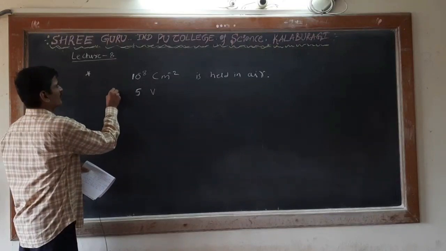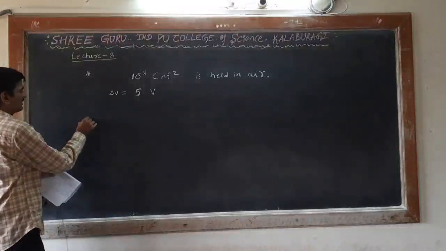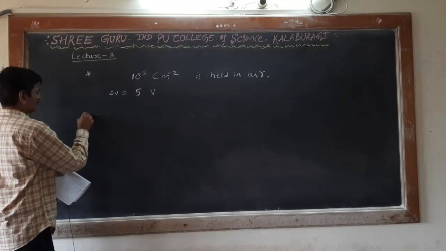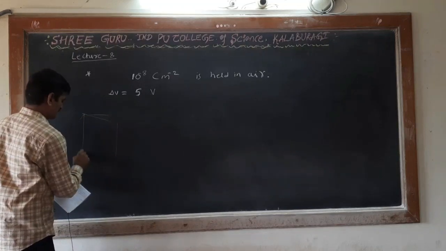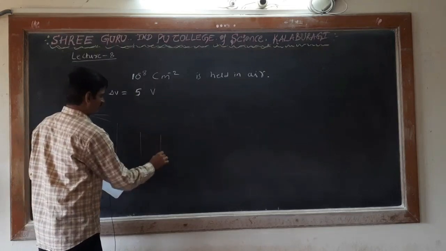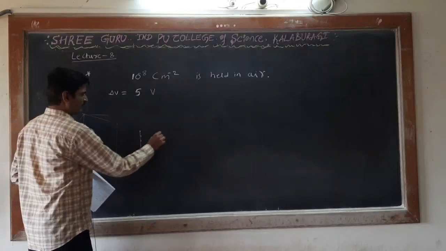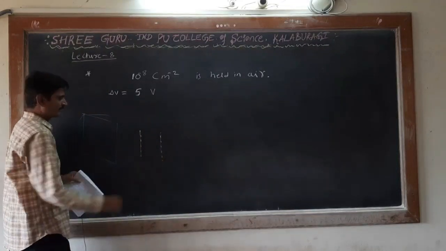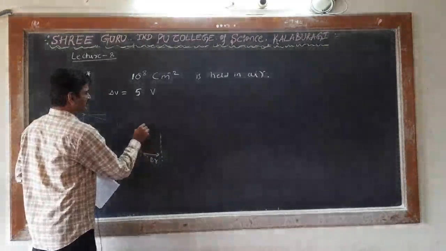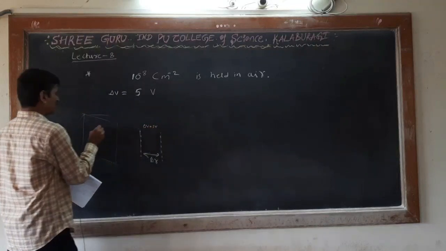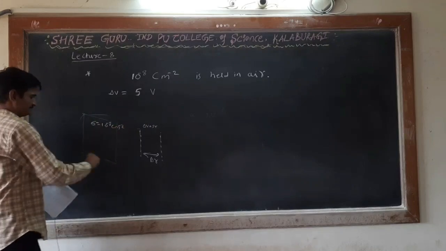There is a very big plane sheet, and these are two equipotential points. We want the distance between them, where the potential difference is 5 volt and the charge density on this plane sheet is 10 to the power minus 8 coulomb per meter square.